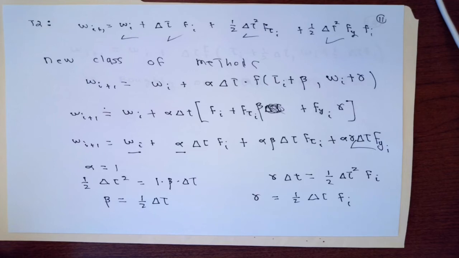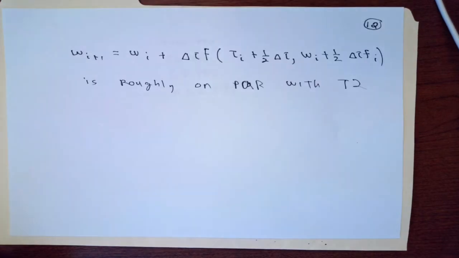If you pick gamma to be 1/2 delta t times f_i, those terms will match as well. Writing out our method again using the values of alpha, beta, and gamma, we get this method. Very roughly speaking, we expect this to be on a par with T2, second order Taylor.